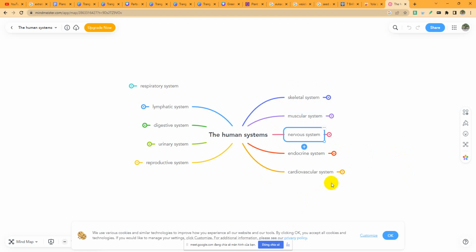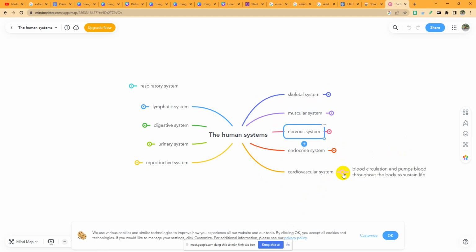And then we have the cardiovascular system. Well, the word might sound a little bit wordy. It's kind of challenging to break this down into smaller chunks to explain to you guys and simplify it.